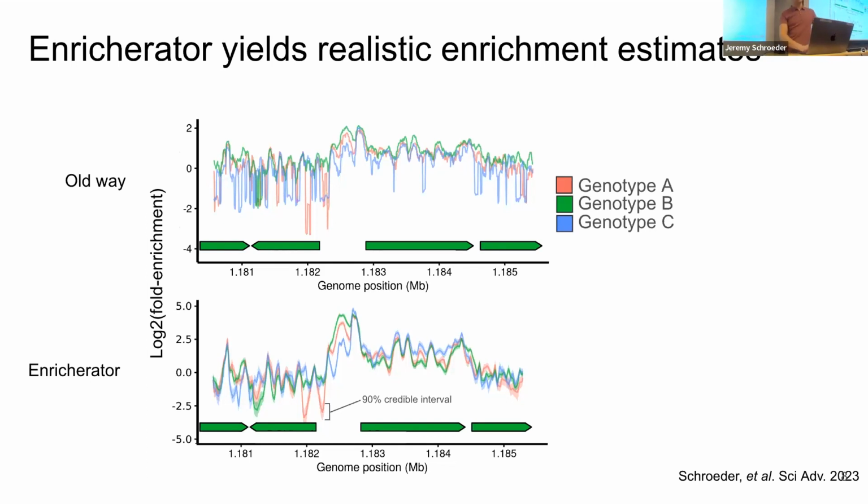On the y-axis for both of these, you have basically inferred log fold enrichments of this protein binding that we're interested in. And it's the same genome position we're looking at in both of these plots. So it's exactly the same data that I processed. On the top, I used the old standard way. And on the bottom, I used Enricherator to process the data.